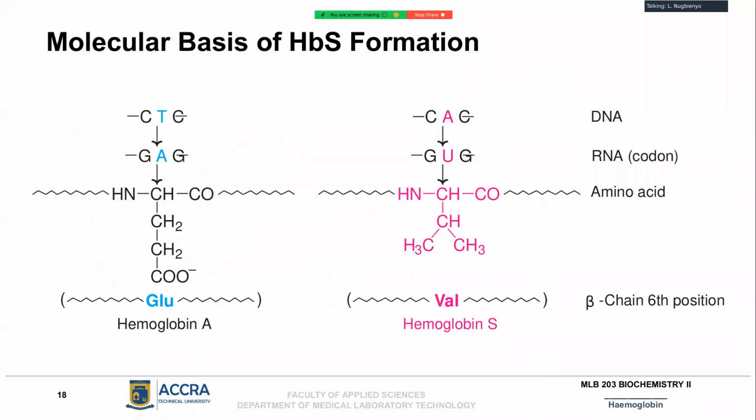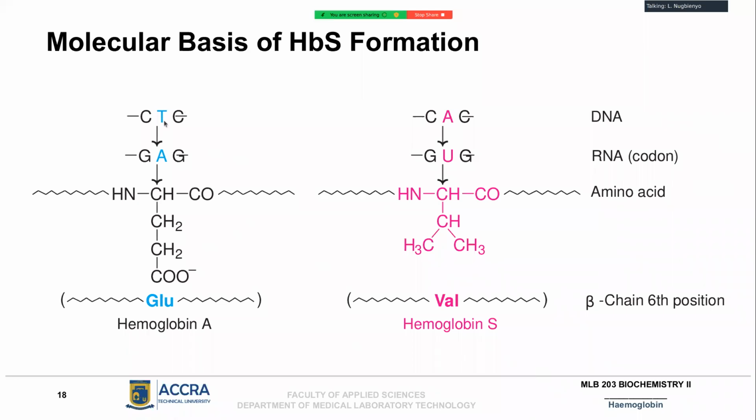Now, this is the hemoglobin A, the normal hemoglobin that we have. This is in the DNA, where you have cytosine, thymine, cytosine. And that will mean that on the messenger RNA, which is transcribed from the DNA, you have what?